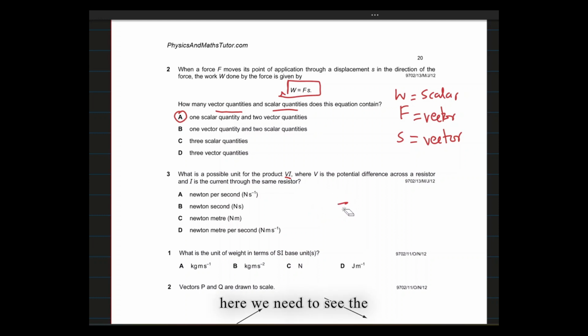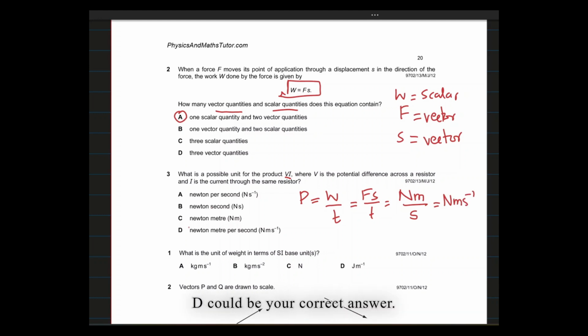Here we need to see the unit of power. Power is work done upon time. Work done is force into S, and time. Force is Newton, S is meter, and time is s. It would be N m s minus 1. So D could be your correct answer.